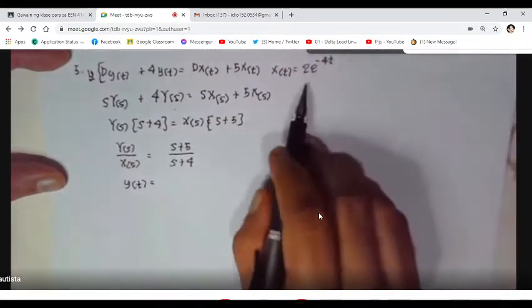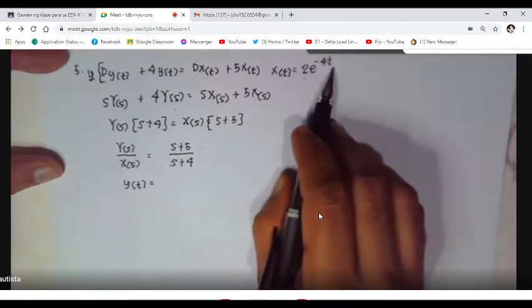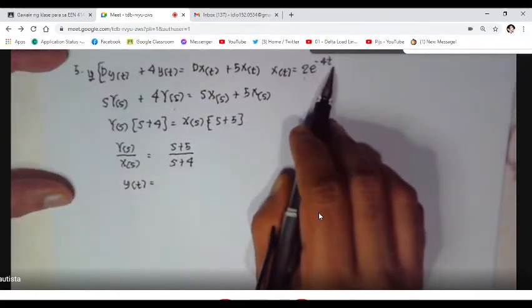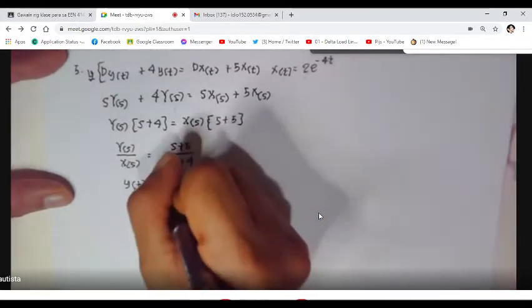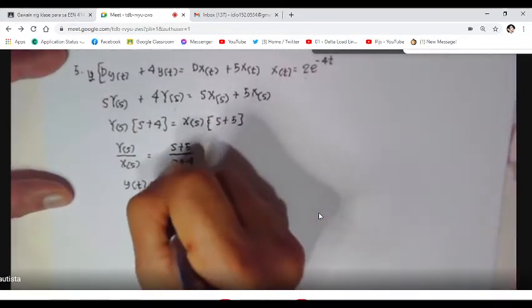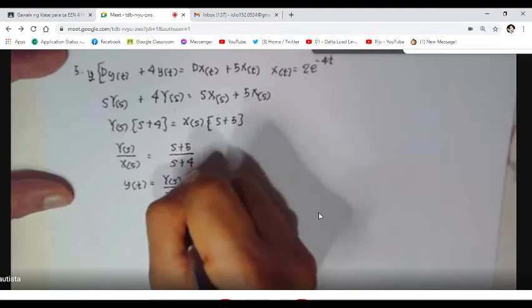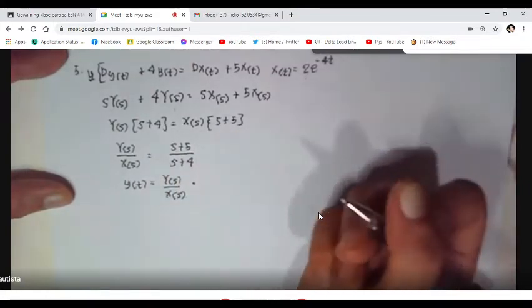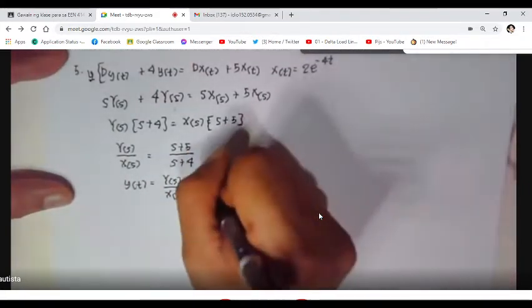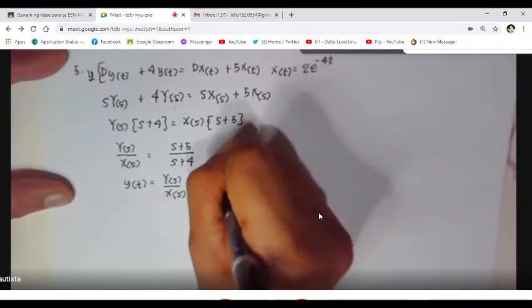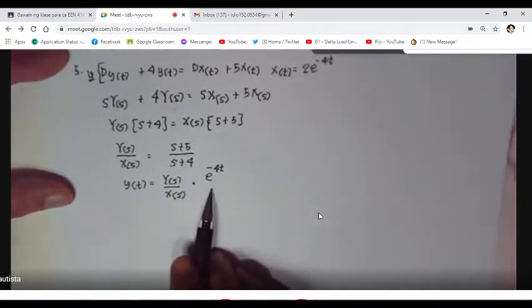Kasi ang input daw ay 2e raised to negative 4t. Okay? So, pag hinanap mo yan, that is y sub s all over x sub s multiplied by, no, e raised to negative 4t. Tandaan nyo yun, no? E raised to negative 4t.